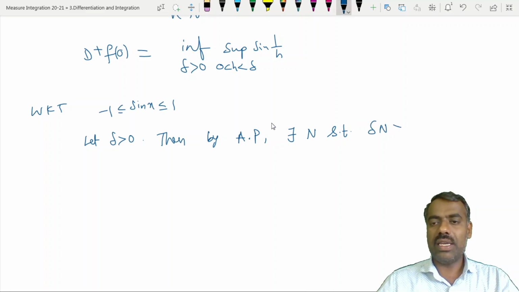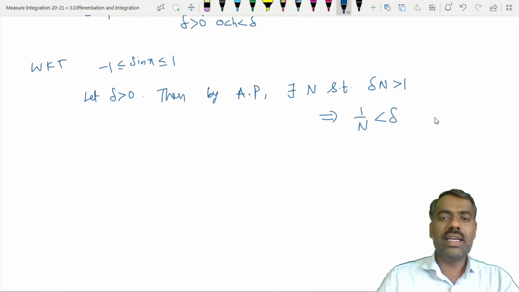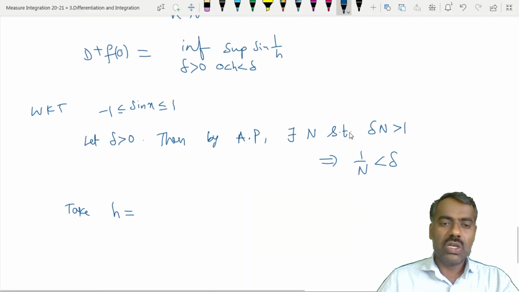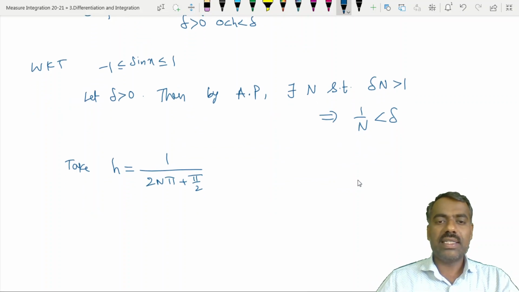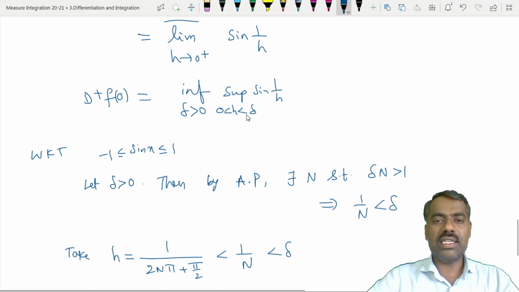This is the same as saying that 1 by n is less than delta. Okay, fine. Now take h in such a way that h is less than delta, and also we will find sine of 1 by h. So obviously you take h as 1 by 2n pi plus pi by 2. Then you can check that this is less than 1 by n, right? Because the denominator is bigger, it is smaller than 1 by n, which is less than delta. So your h is between 0 and delta.